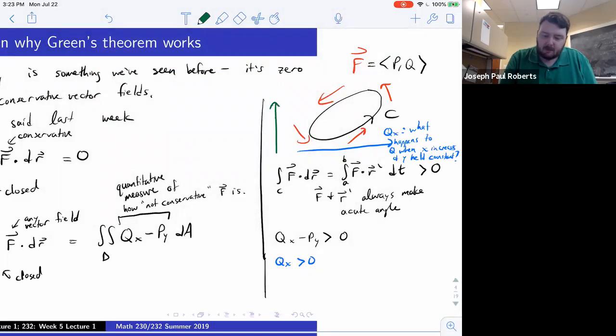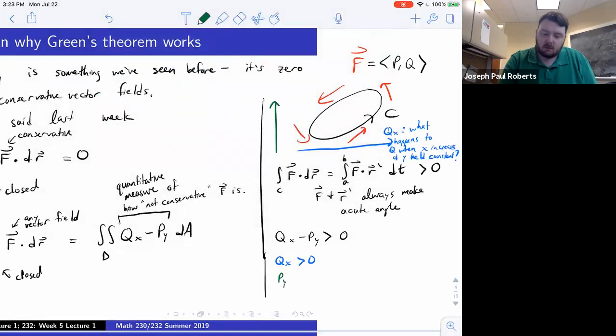And then similarly, Py is measuring what happens to P as y increases and x is held constant. So as I go up, it looks like P went from positive to negative.